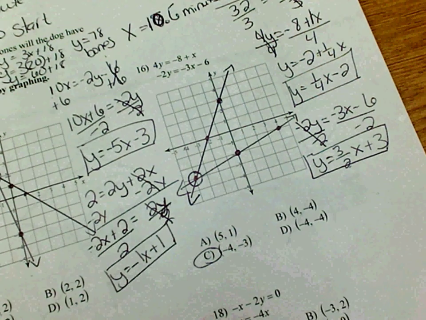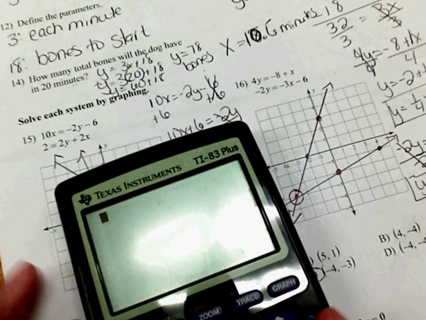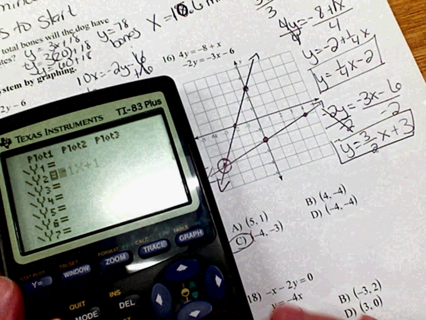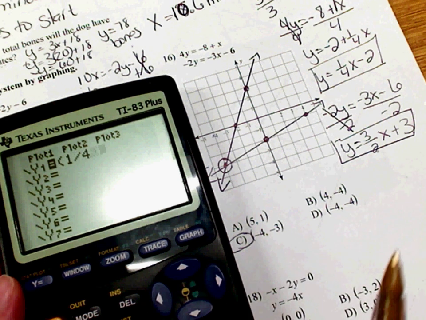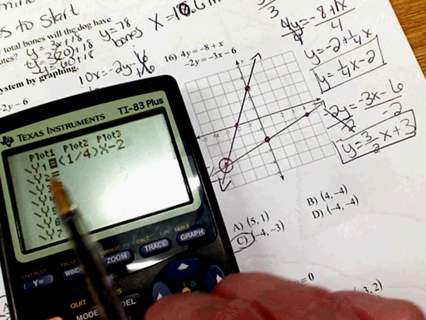Okay? And once again, I can check that with my calculator by going to y equals and clearing these out and then putting my new equations in. I like to put my fractions in parentheses, just a good practice so that you can consistently make sure it works correctly. So if it's a fraction, put it in parentheses.